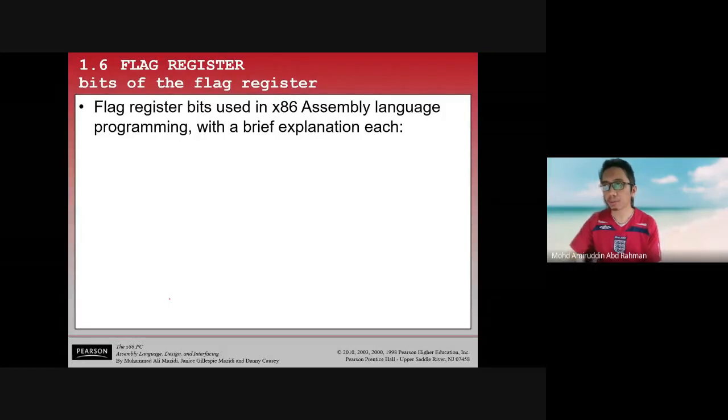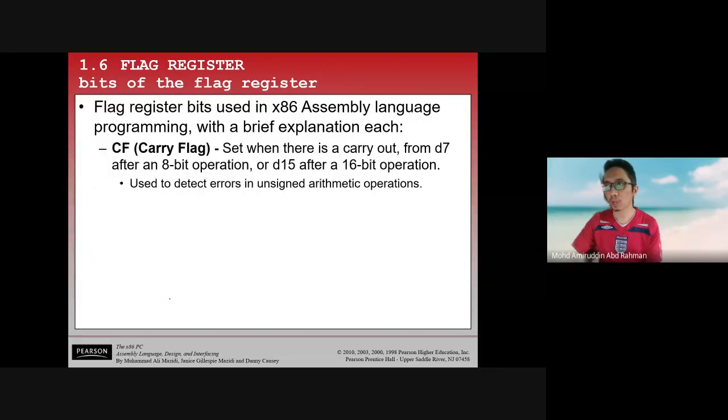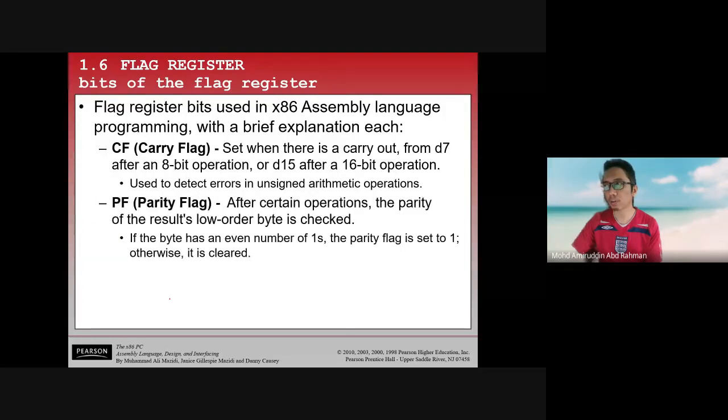Okay, so the flag bits used in the 8086 assembly language programming. We have CF. So what is CF? CF is set when there is a carry out from D7 after an 8-bit operation, or D15 after a 16-bit operation.